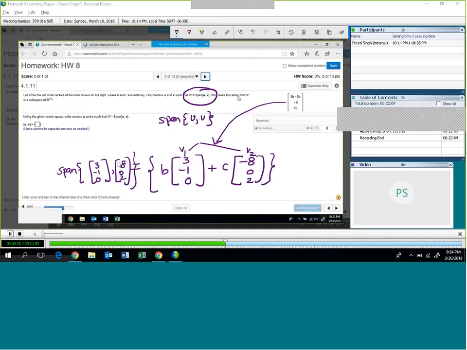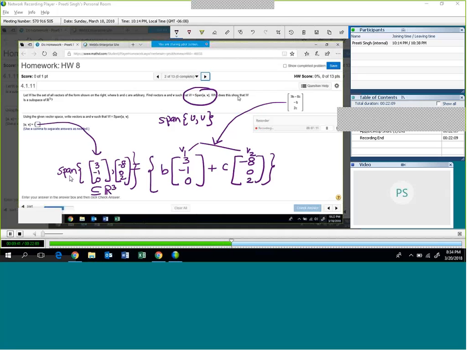So these two are the same. When I talk about span, it means I'm talking about this. The u and v they have given, I define as v1 and v2. So that's a subspace of R cubed, since I can write it as a span of two vectors.